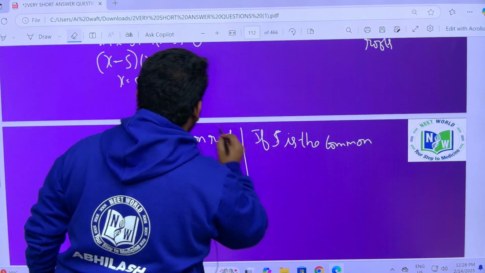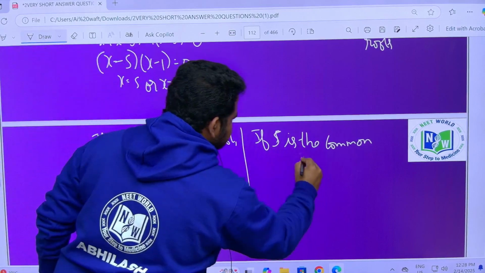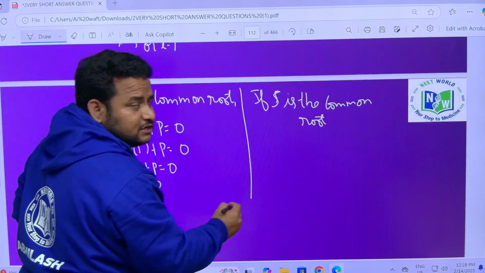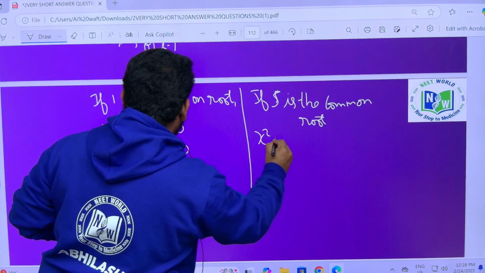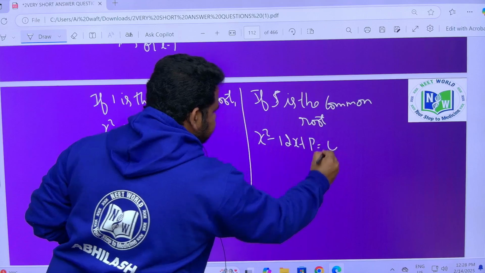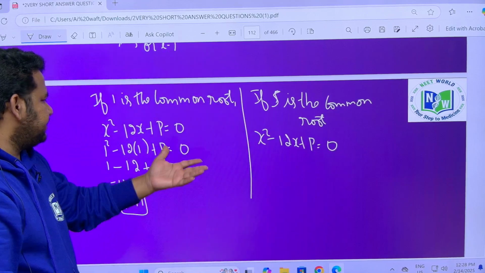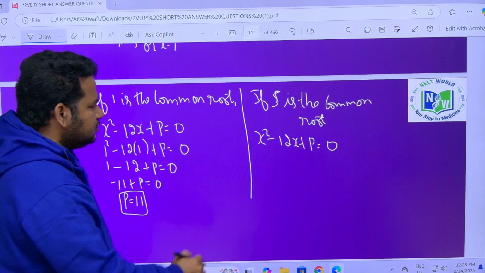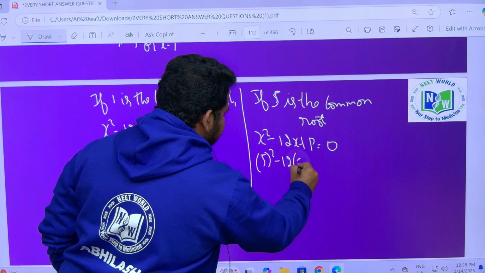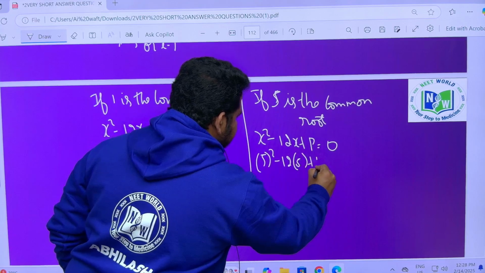Just substitute the value of 5 wherever x is there. So what will this become, friends? x square minus 12x plus p is equal to 0. Wherever x is there, I have to put the value of 5. So consider this: 5 square minus 12 into 5 plus p is equal to 0.